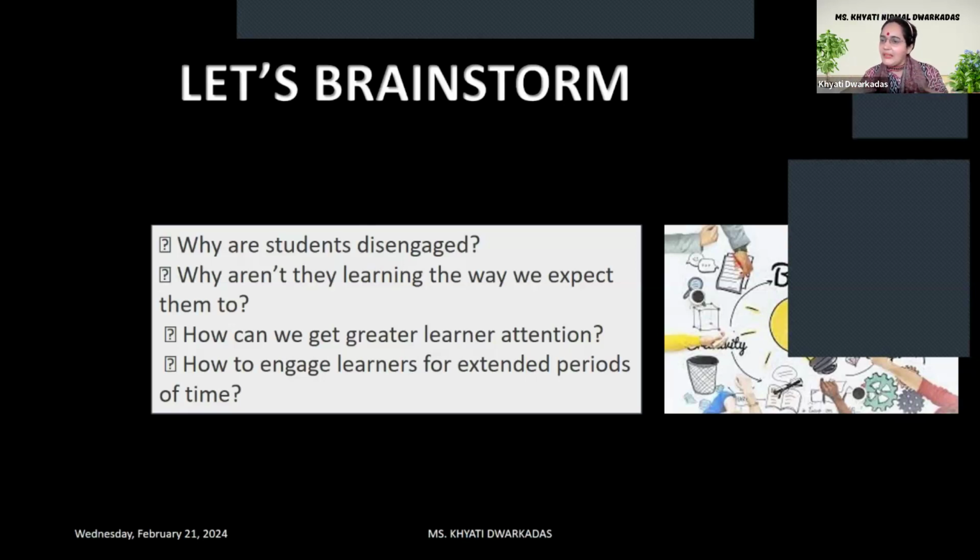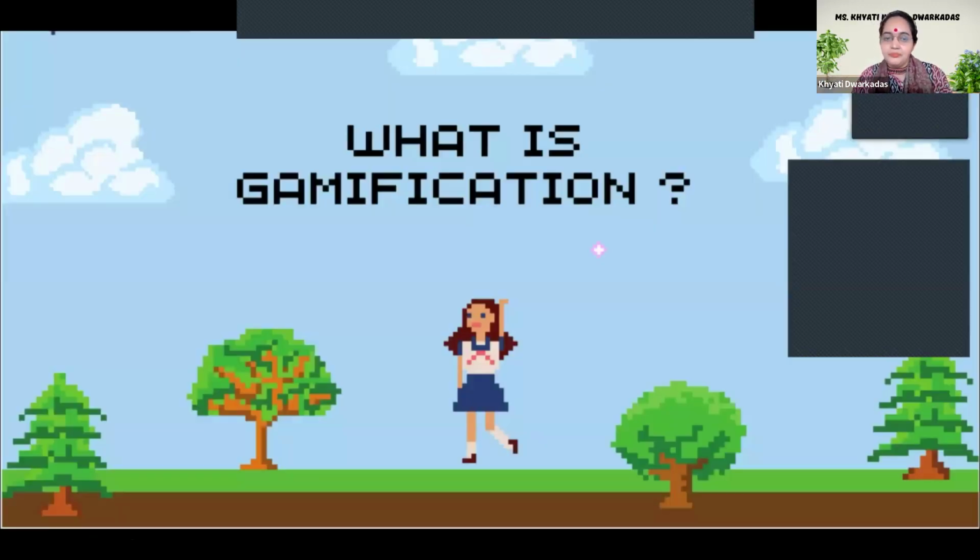So we are going to devise gamification models for our students to keep them completely engaged in our classroom. And like I told you, learner's attention is 4 seconds only. So beyond these 4 seconds, we have to do something different.